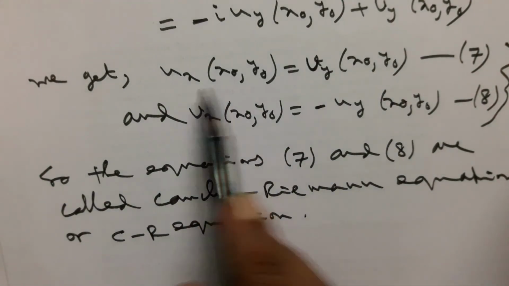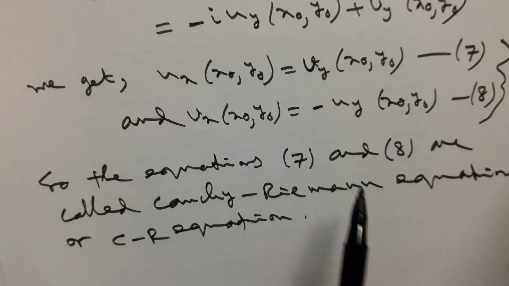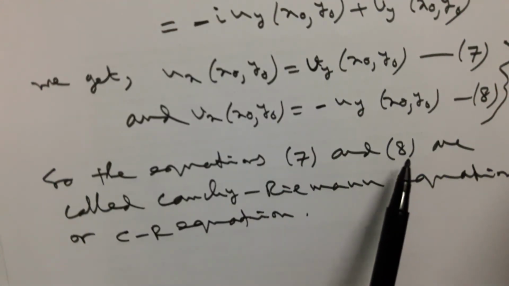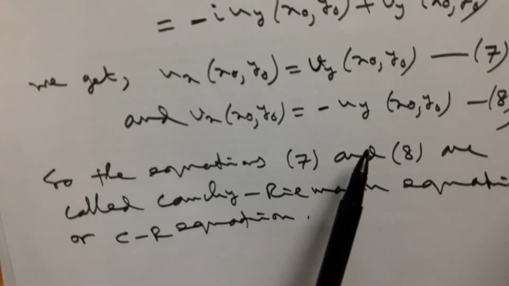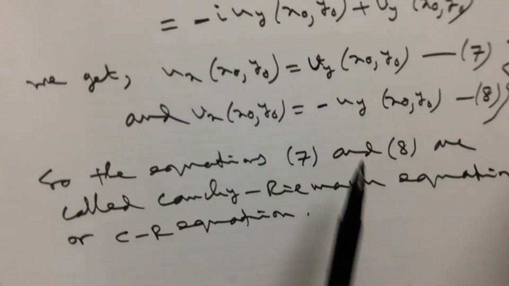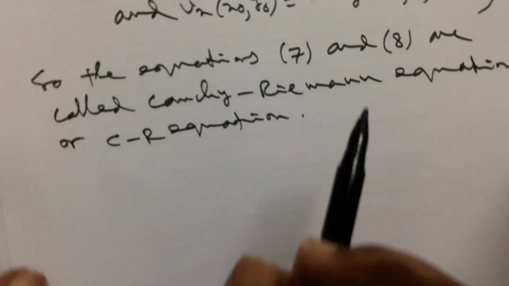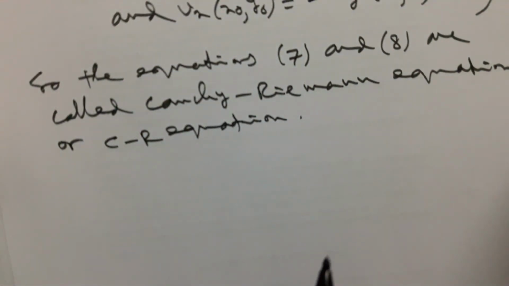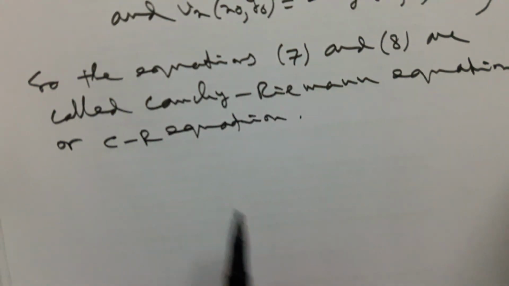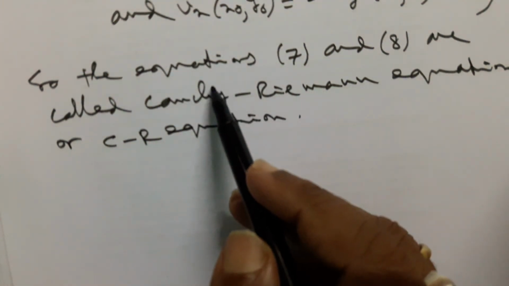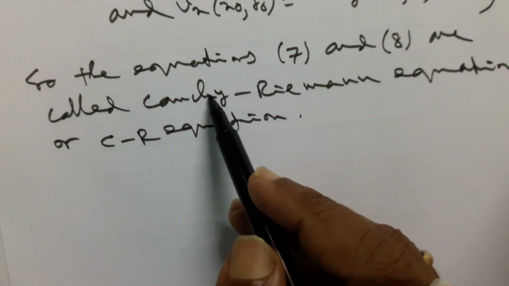So ux equals vy and vx equals minus uy are called the Cauchy-Riemann equations, and they are very important equations for complex analysis. Now we end our discussion.